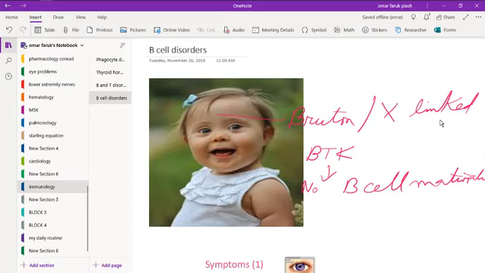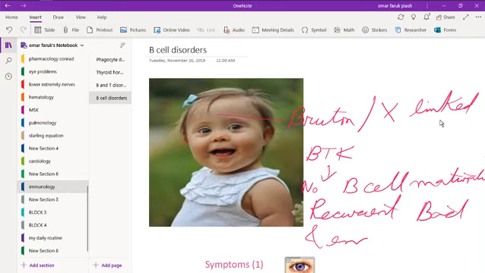As there is no B cell, no plasma cell, and no antibody, there are recurrent bacterial and enteroviral infections after 6 months.